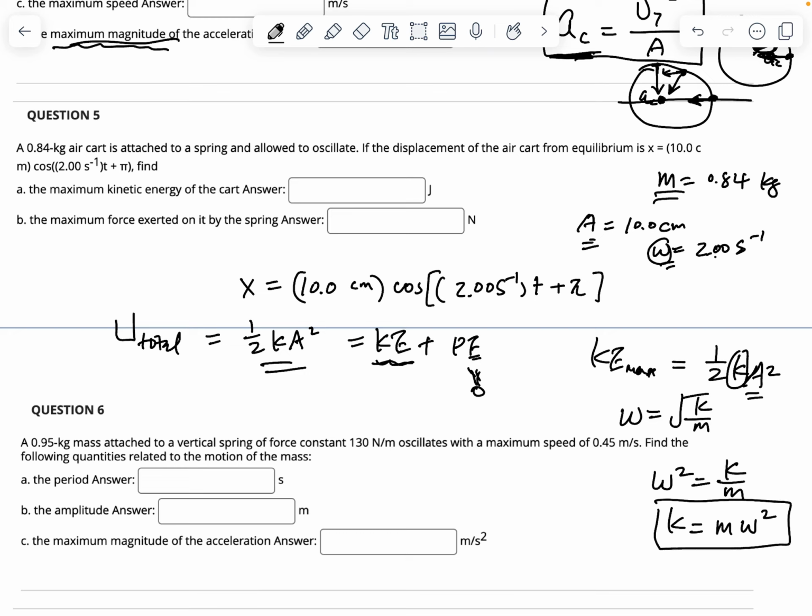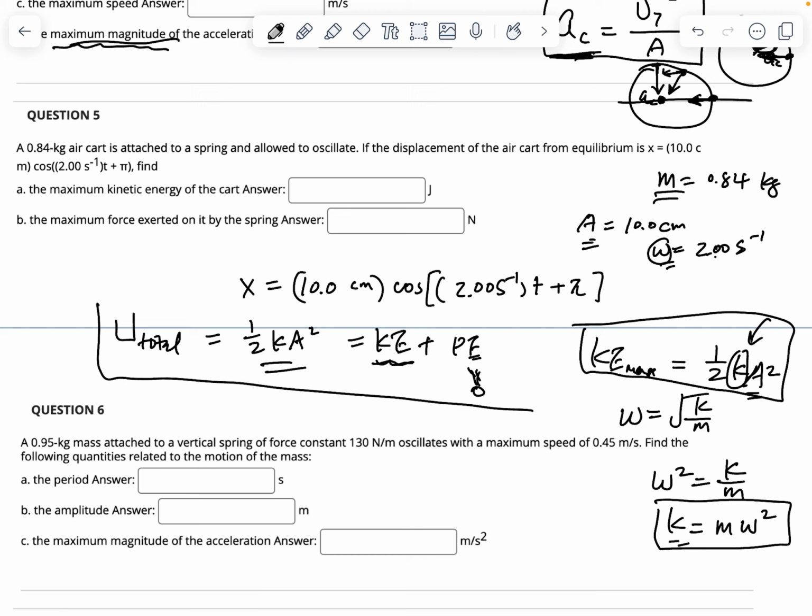From this you know K, and then plug K into this equation to figure out the maximum kinetic energy. This comes from the total energy equation: total energy equals this.